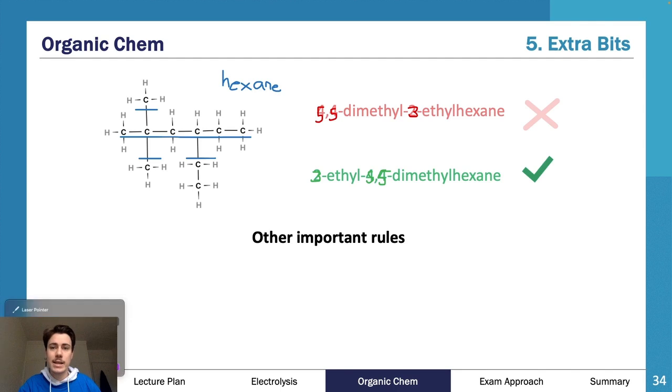Now with your hexane, what's really important here is that you have 2 methyl groups and 1 ethyl group. So, dimethyl. Dimethyl reads di-methyl. It reads D. Ethyl reads E. A, B, C, D, E. So you would naturally think, as I said, dimethyl would go first, despite the fact it's numbered second.